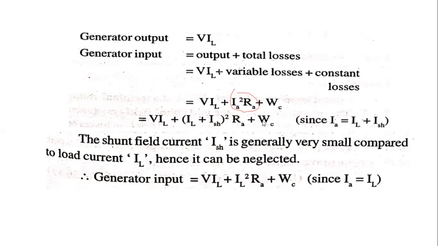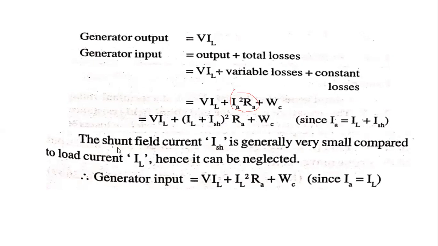The shunt field current ISH is generally very small compared to the load current IL, so ISH will be replaced with 0. Therefore we consider only IL square RA.